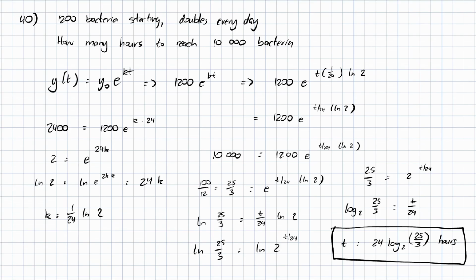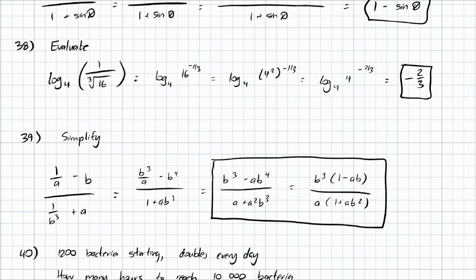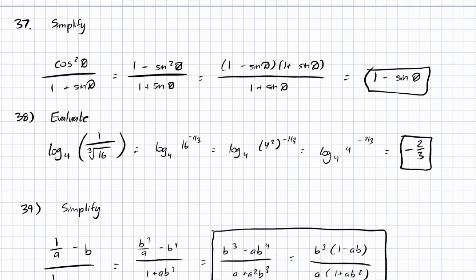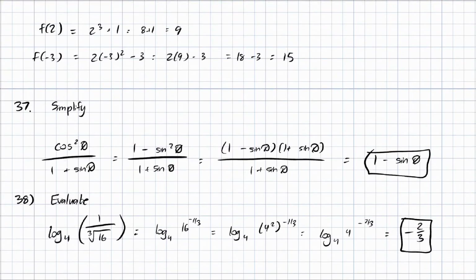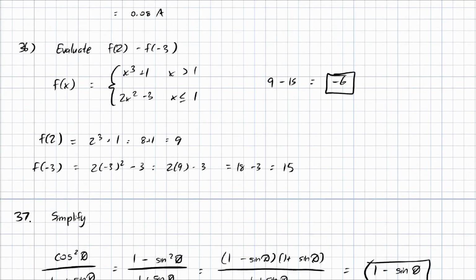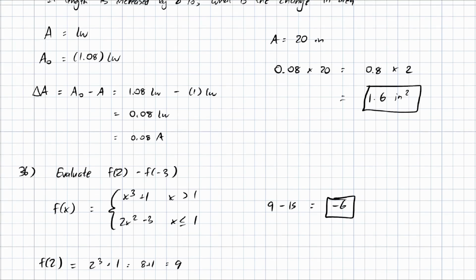So I have done all 40 questions. By the time this is uploaded, it means I have checked all my answers on the answer key, and I verified all my work is correct. If not, I will send a correction video, and I will have an announcement about certain questions to be wary about.